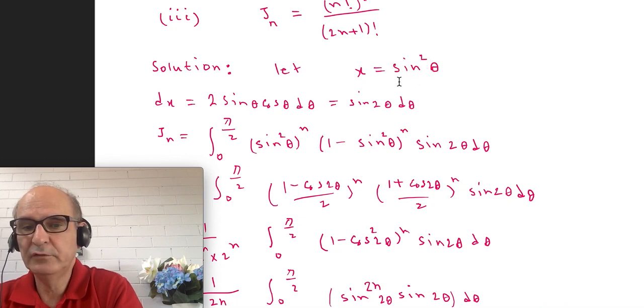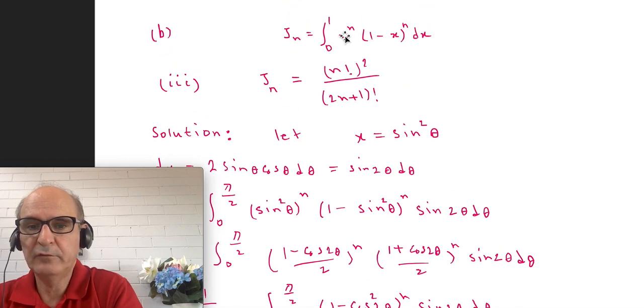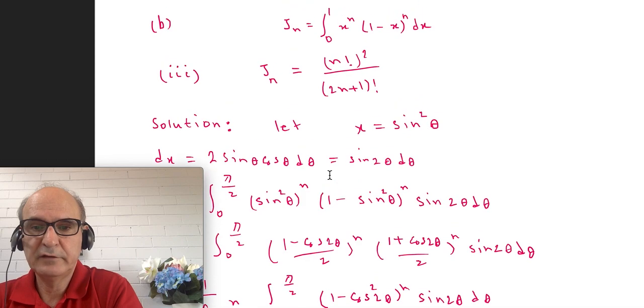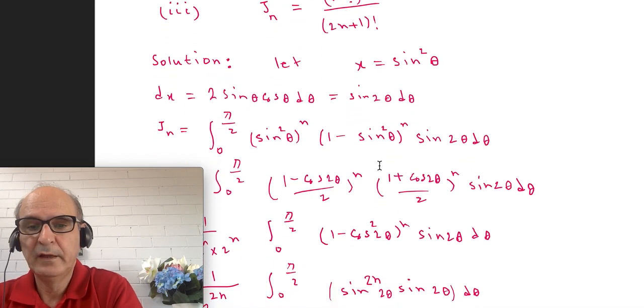So in the original, this one that we have, I'm going to replace x with sine squared theta. Let's see how the whole integral will change. Then dx is going to be 2 sine theta cos theta d theta, which becomes sine 2 theta d theta.